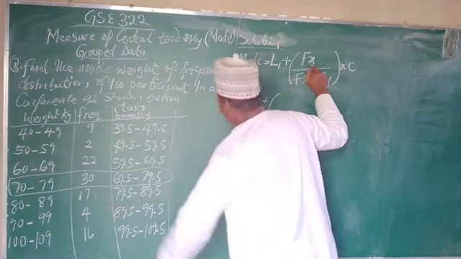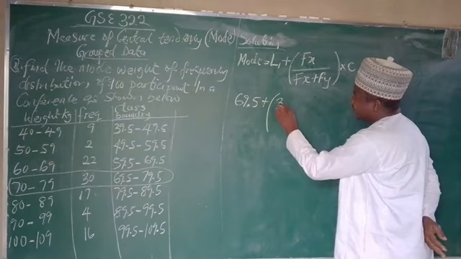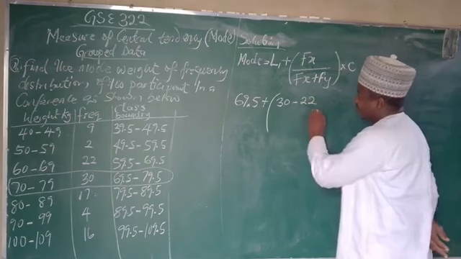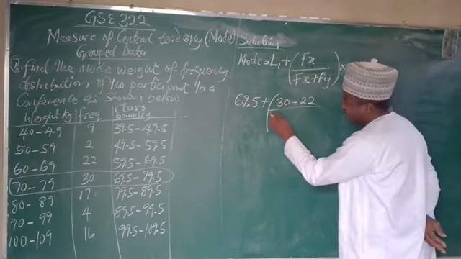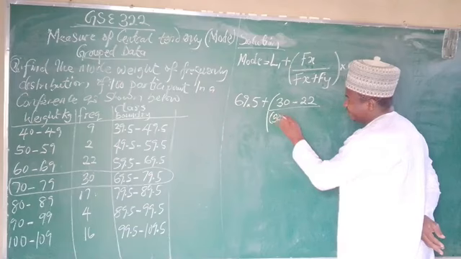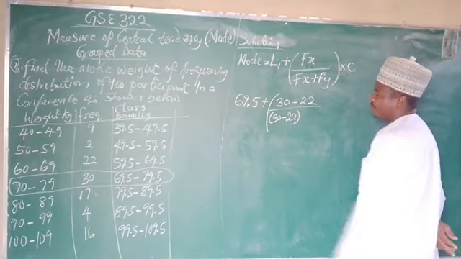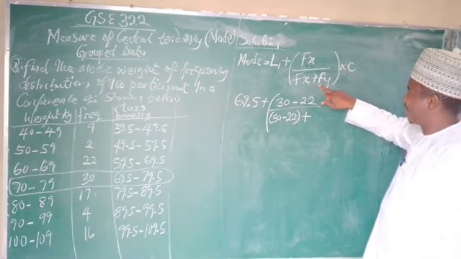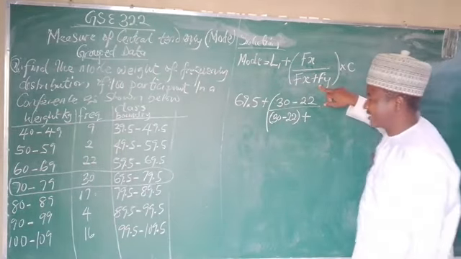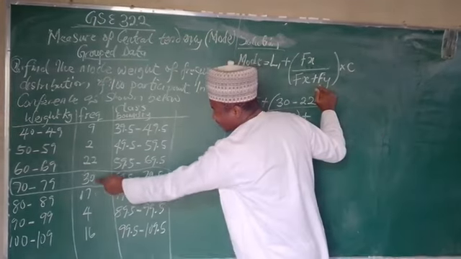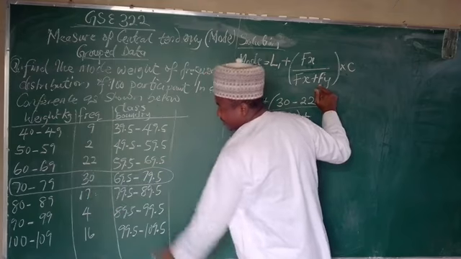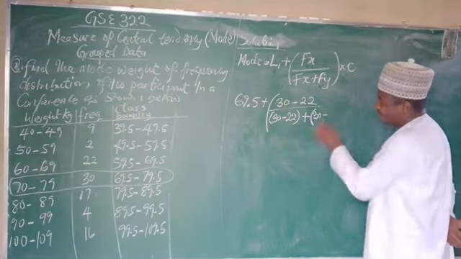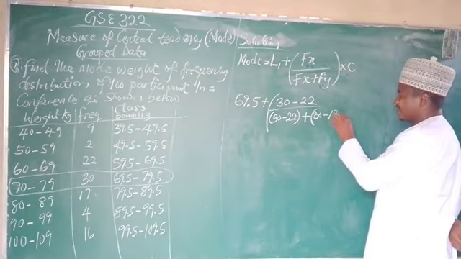So we have 30 minus 22 over fx, which remains open bracket 30 minus 22, then we close bracket, then plus fy, the frequency of the modal class and the frequency after the modal class. Therefore, we have open bracket 30 minus 17.